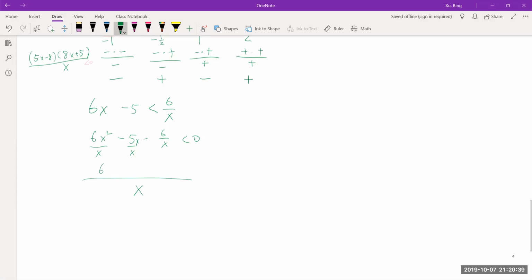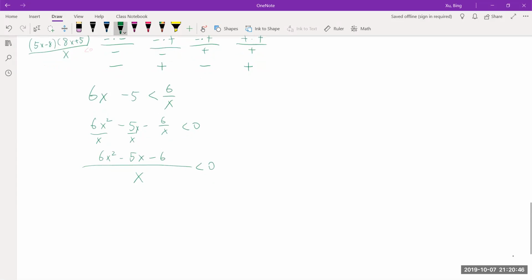On top is 6x squared minus 5x minus 6. Now factor the top. 6 is factored as 2 times 3. The other 6, 2. Let me write the whole thing down. Now 3 times 2. Cross multiply this. So 4. That's a 9. I need a -5 in the middle.